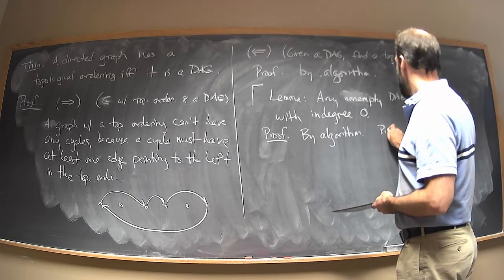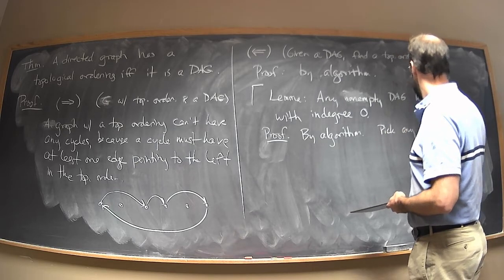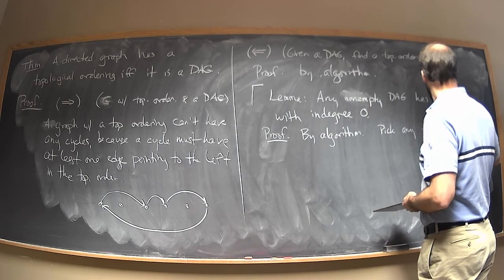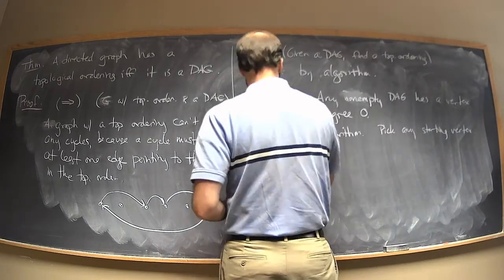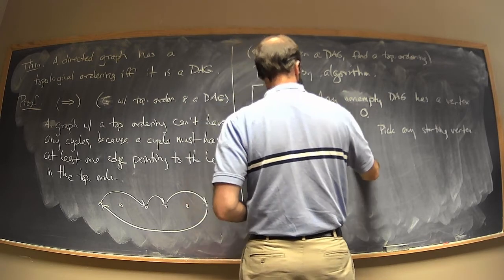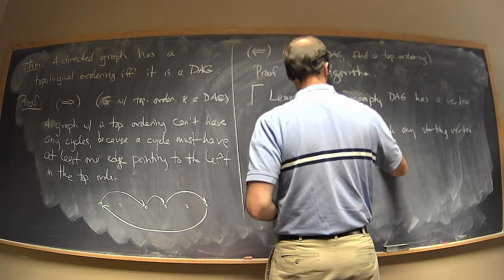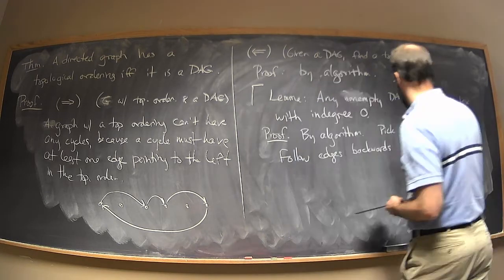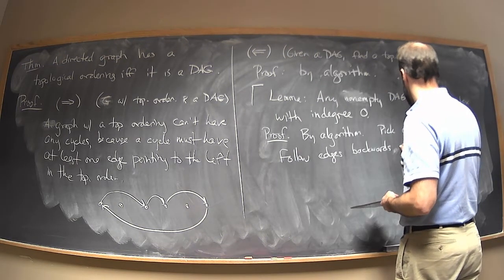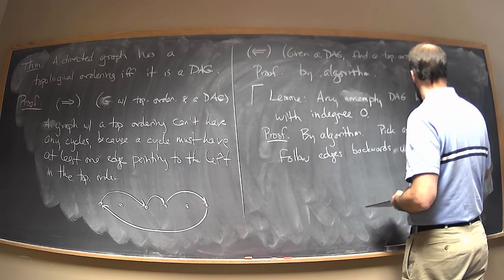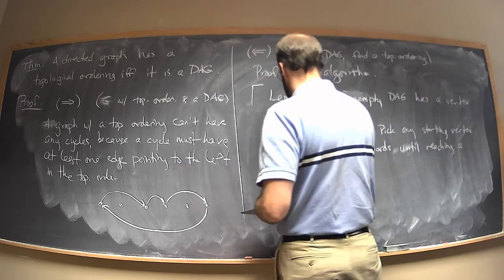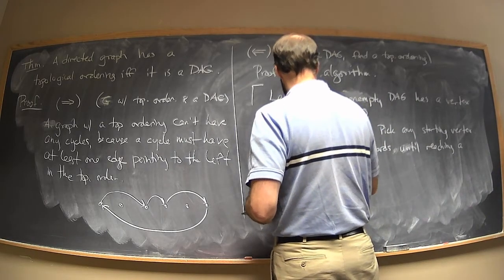Pick any starting vertex, and we're going to follow edges backwards until reaching a vertex with in-degree 0.